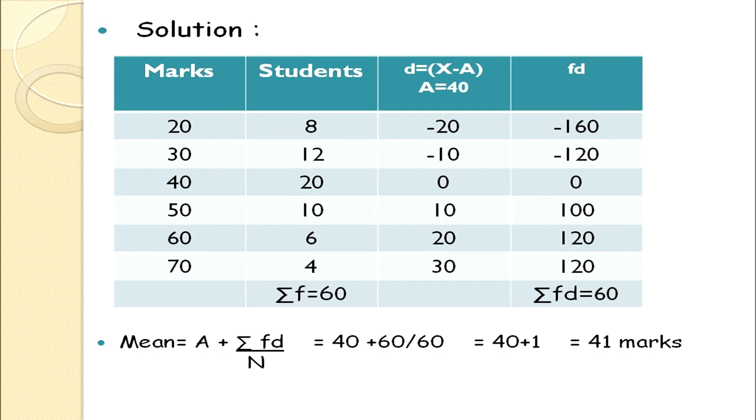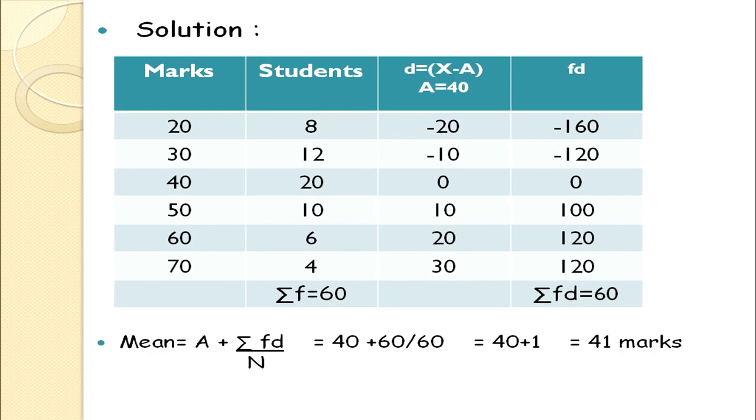Next step, we have to make a column for deviation D, which is equal to x minus A. So, that means 20 minus 40 comes to minus 20, 30 minus 40 comes to minus 10, 40 minus 40 comes to 0, 50 minus 40 comes to 10, 60 minus 40 comes to 20, 70 minus 40 comes to 30. So, we have made the column of D.